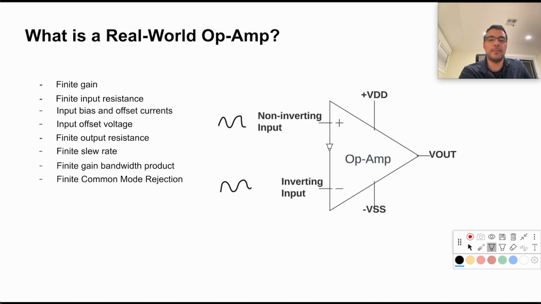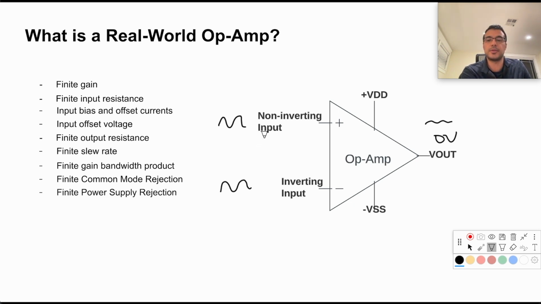An ideal op amp would just subtract these two and give you 0 volts at the output. However, a real-world op amp will not do that. It will have some finite common mode rejection, and typically this is extremely high, on the order of 80 to 100 dB, but you're still going to get a very small signal at the output that looks similar to the common mode input.